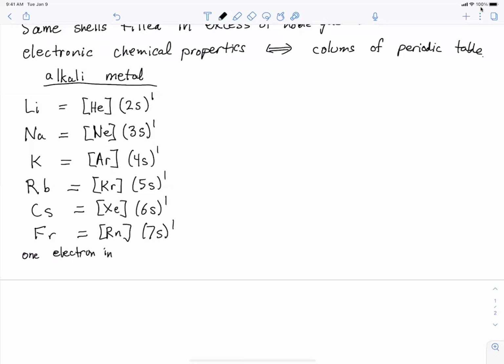And so this is going to be another easy example of Russell-Saunders coupling. If you only have one electron, then the total spin has to be 1/2. And notice we're always adding something in an S shell because an S shell is always what comes in the filling order after a P shell.